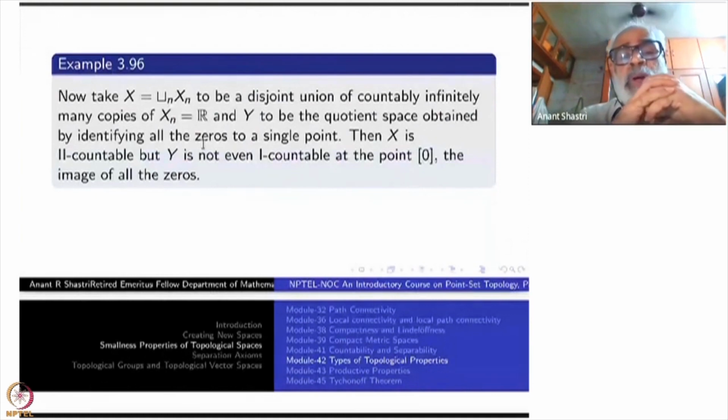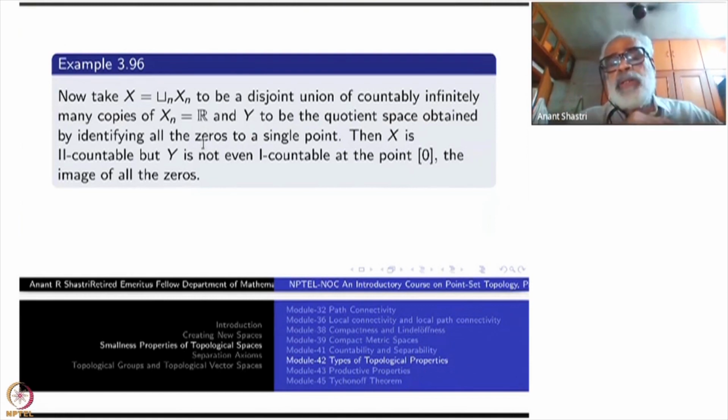X equals the disjoint union of X_n, countably many copies of R, and Y is the quotient space obtained by identifying all the zeros to a single point. Then X is second countable, but Y is not even first countable. At that point 0, which is the class of all the zeros, first countability fails.